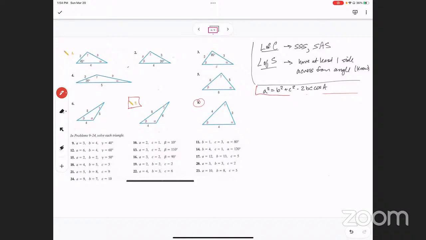So what we're trying to solve for, a squared equals b squared, I need to rearrange my setup. A squared equals b squared plus c squared minus 2bc cosine. My stylus is kind of acting weird, sorry. It's okay. I can see what you do.